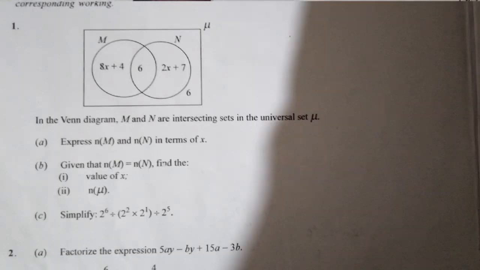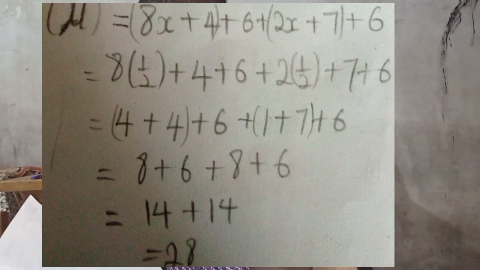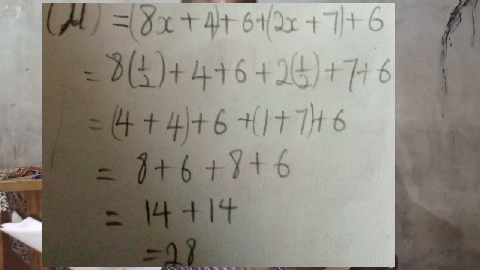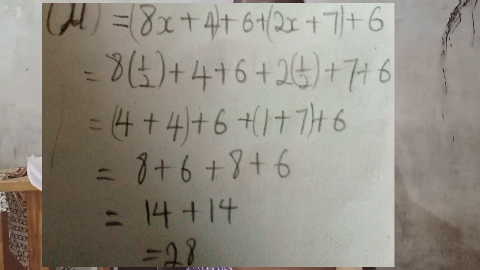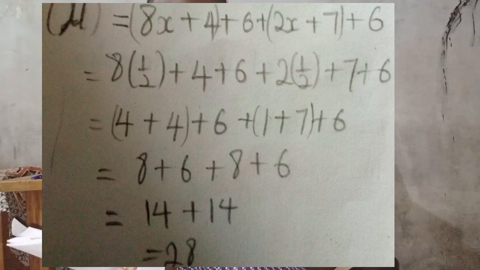1b(ii), the number of elements in the union. We're supposed to find n(M union N). First we add only M, which is 8x plus 4, plus our intersection, region 2, plus only N, which is 2x plus 7, plus region 4, which is the 6.